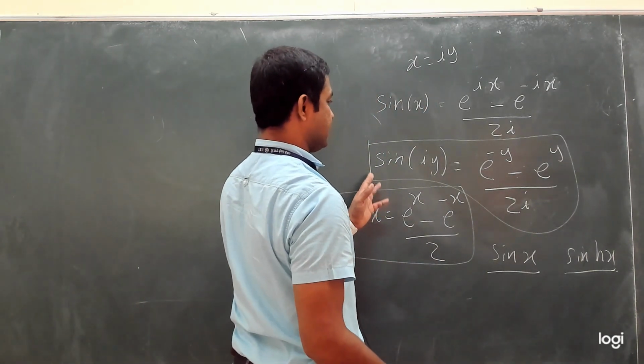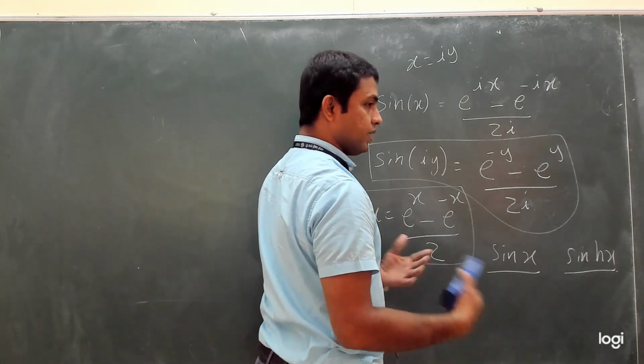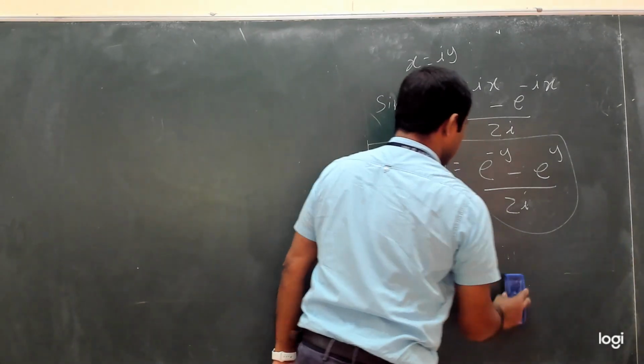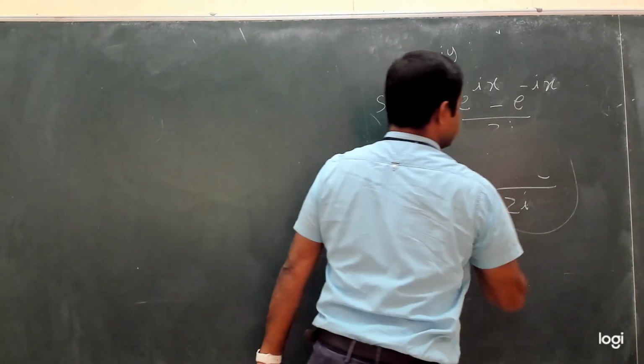You can write sin ix is equal to something into sinh x. So the sine hyperbolic x is this.